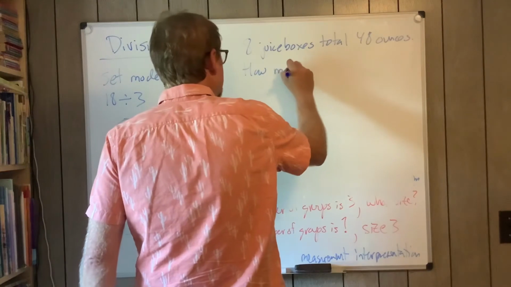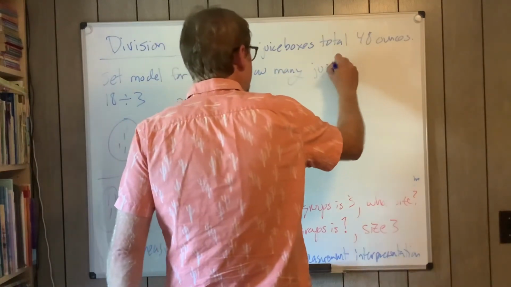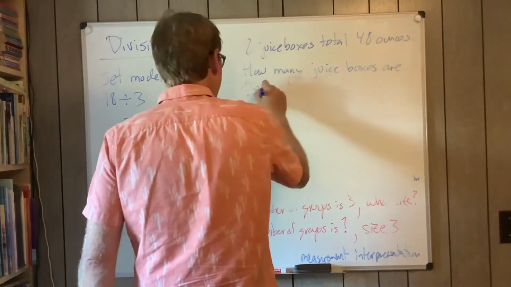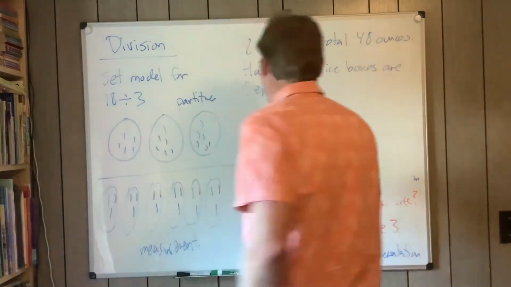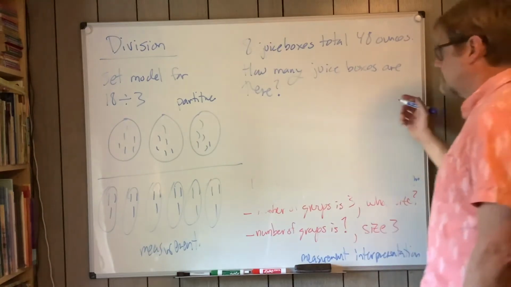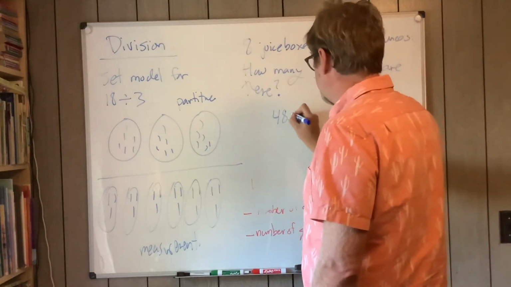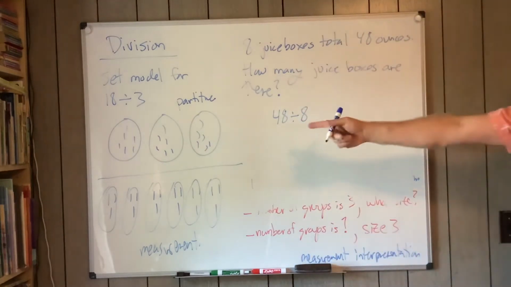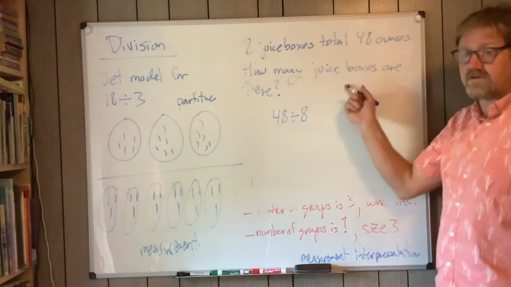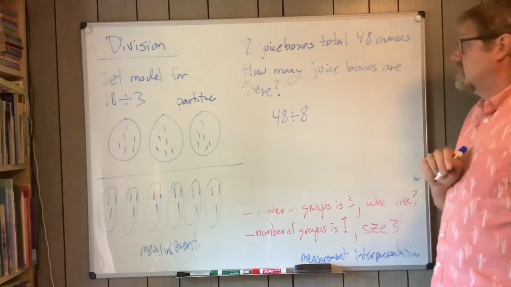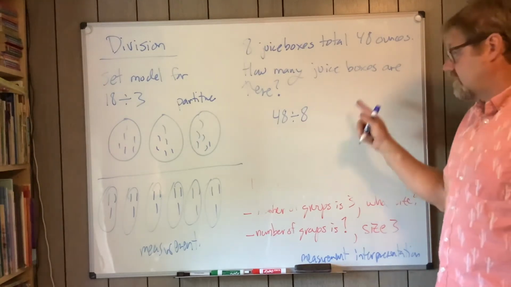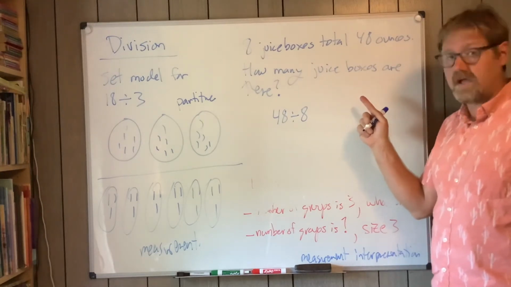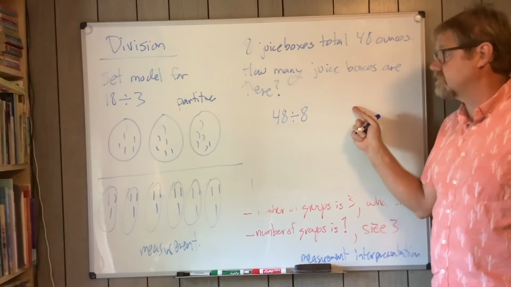How many ounces are in each juice box? So hopefully, first of all, you think of this as 48 divided by 8. Those are the two numbers that I have. So the answer to this will tell me the answer to this. That's one thing. More importantly right now, I want to figure out, is this a measurement interpretation of division or a partitive interpretation of division?